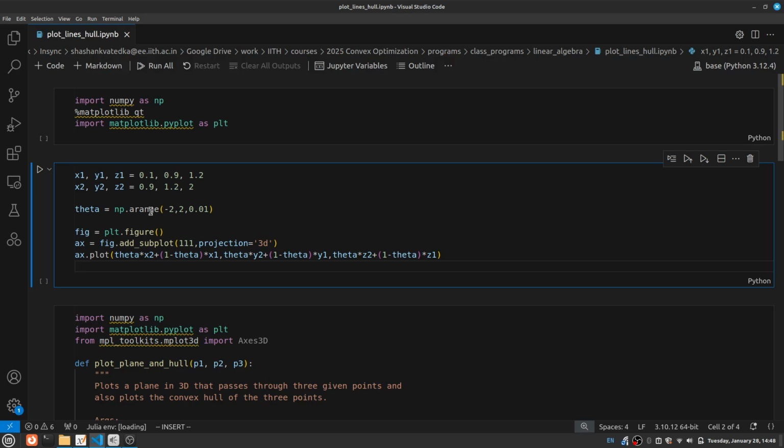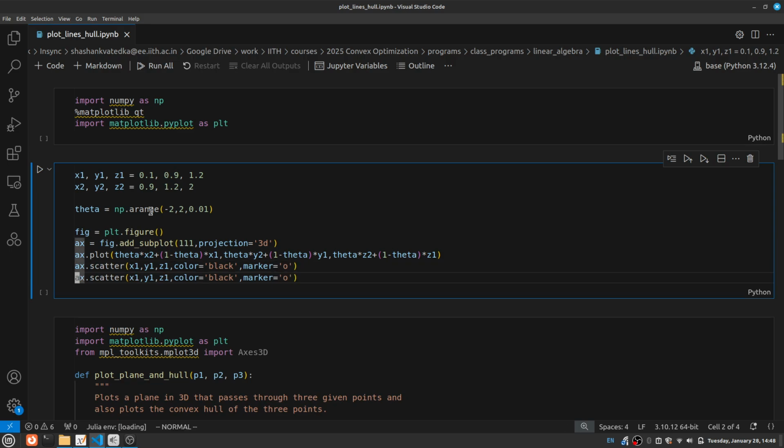Okay. Let me also plot x1, y1, z1 and x2, y2, z2. So I'll mark the point x1, y1, z1 maybe in black, and x2, y2, z2, maybe I'll just color this in red.